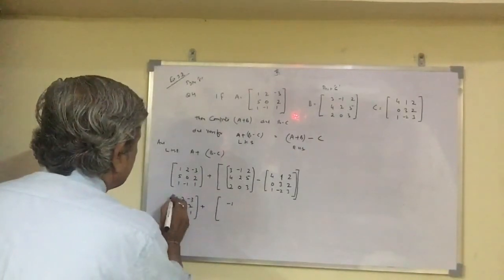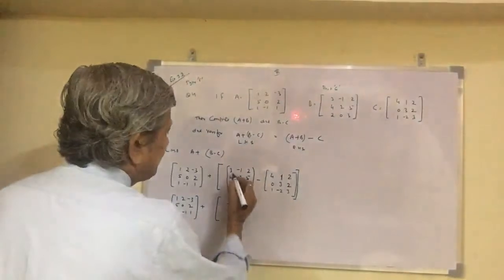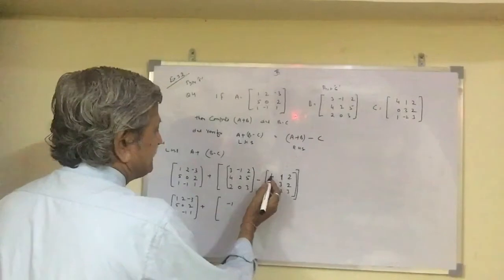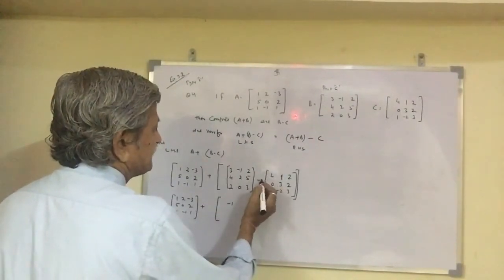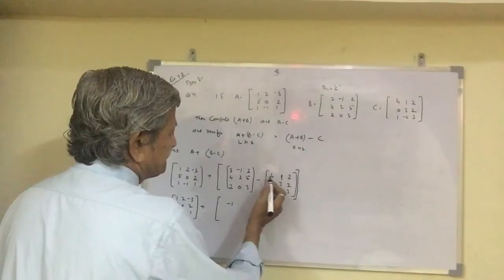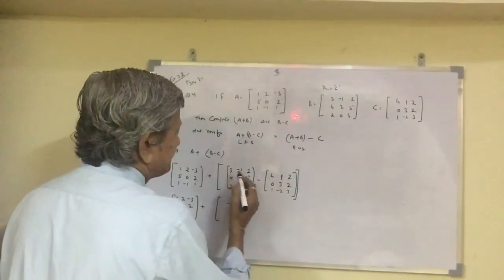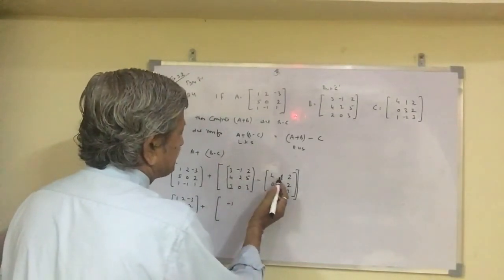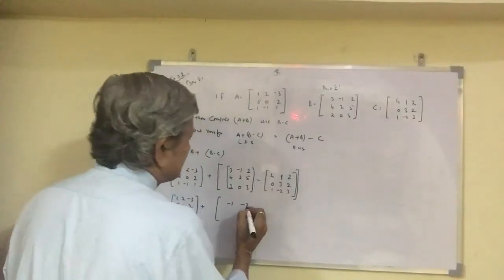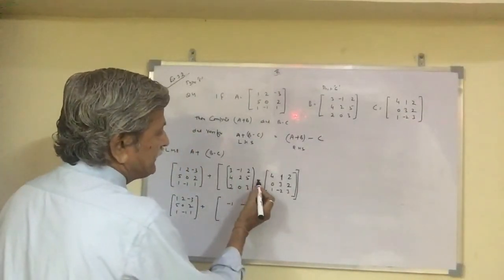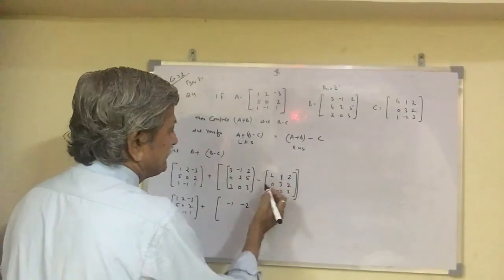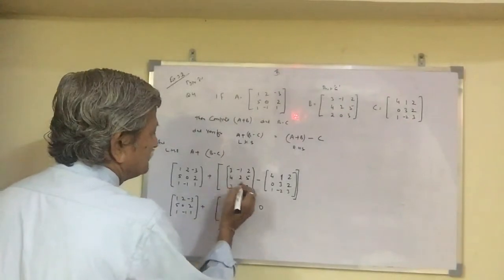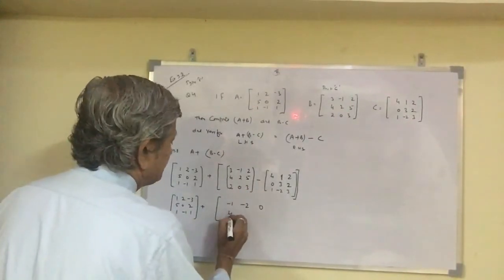So 3 minus 4 is equal to minus 1, because the minus sign is transferred here. So this balanced with minus 1, and this minus 1 goes off. So minus 2 is here. Then this 2 and this minus 2 is equal to 0. Then 4 minus 0 is same as 4.